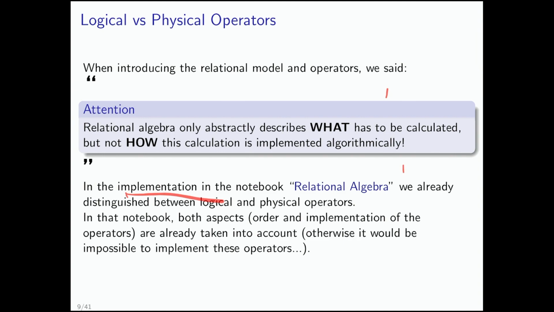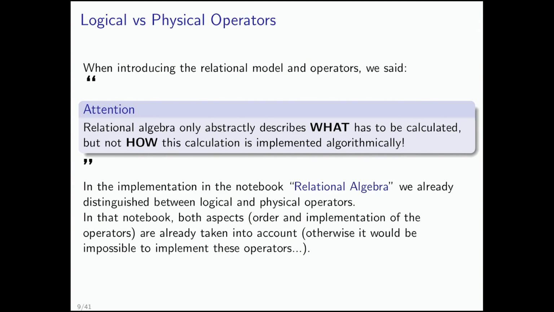Okay. So, we distinguish that into logical and physical operators. When I introduced the relational model and operators, I said relational algebra only abstractly describes what has to be calculated, but not how this calculation is implemented algorithmically.